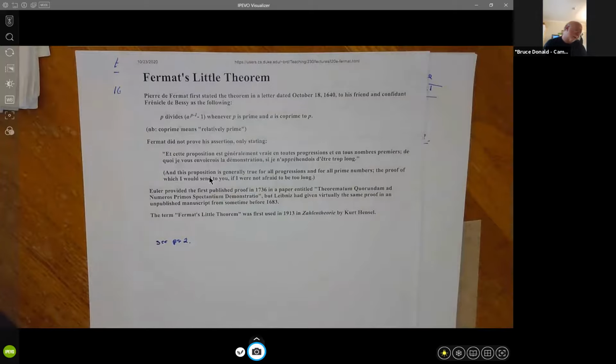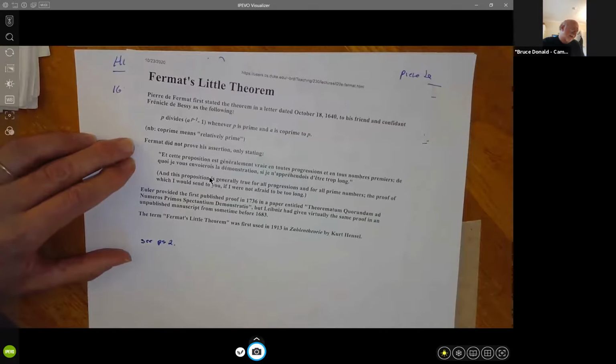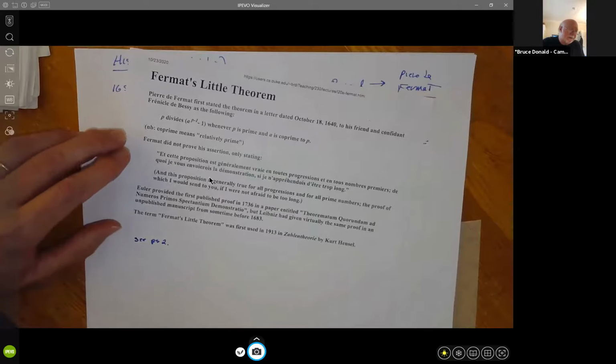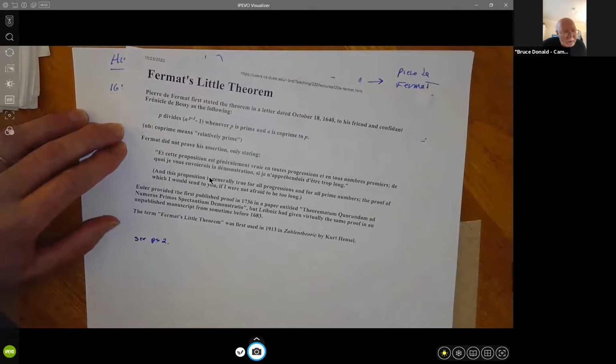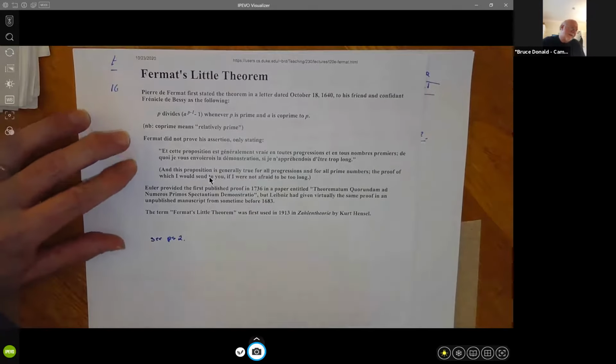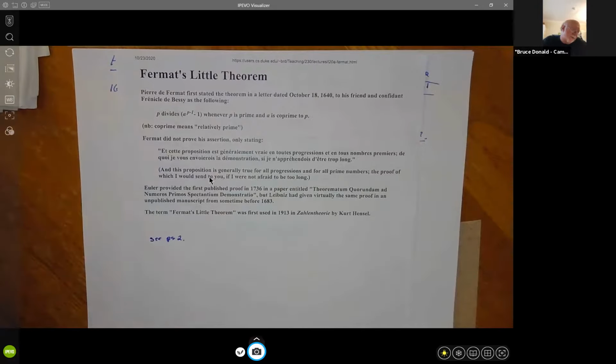He wrote a letter to his friend, de Bessy, and what he wrote was, "et cette proposition est généralement vraie en toute progression et tout nombre premier, de quoi je vous envoie la démonstration si je n'avais peur d'être trop long." Or in English, this proposition is generally true for all progressions and for all prime numbers, the proof of which I would send to you if I were not afraid it would be too long.